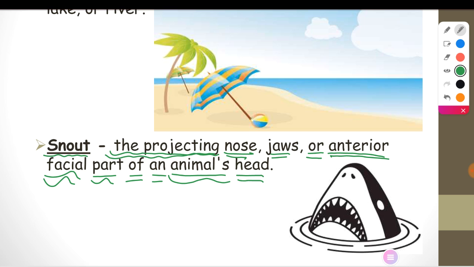So this one is the snout of an animal. Did you get it? This you call snout.